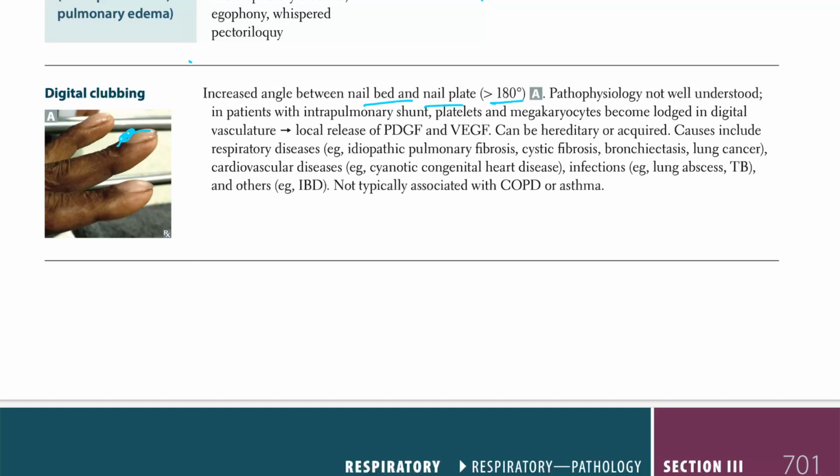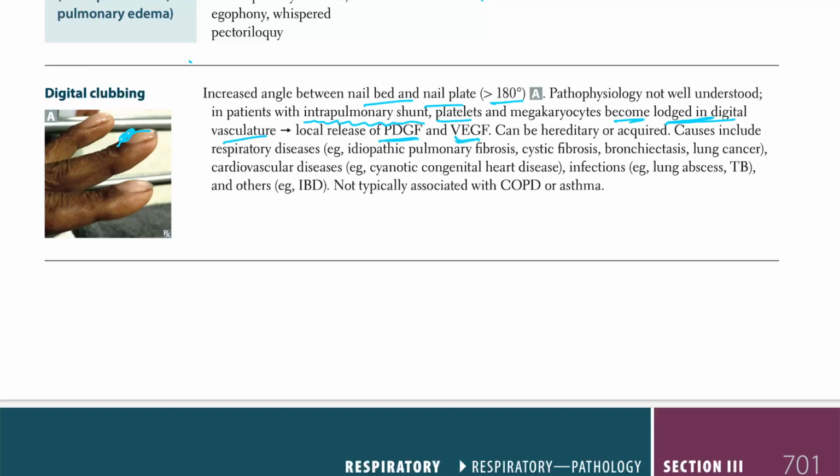Pathophysiologically not well understood. In patients with intrapulmonary shunts, platelets and megakaryocytes become enlarged in the digital vasculature, which leads to release of prostaglandins, platelet-derived growth factor, and vascular endothelial growth factor.